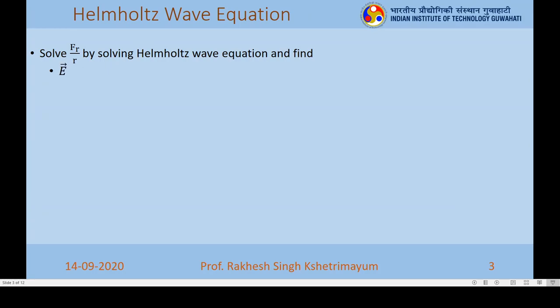Now if we solve the Helmholtz wave equation, electric field will have contribution from EF and EA. That's the discussion we have done in the previous class. Electric field will be found from the F vector and A vector, and we will have contribution from both. So this is a contribution from the F vector and this is a contribution from the A vector.